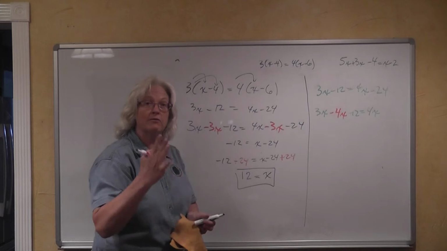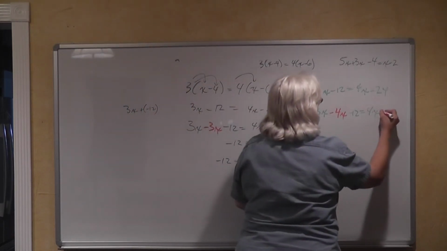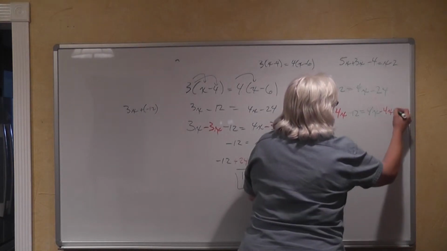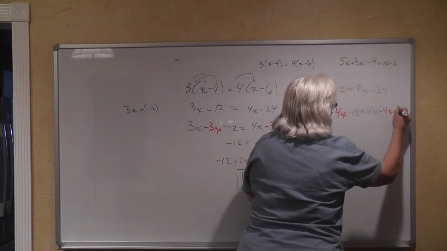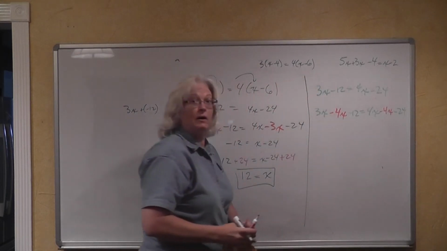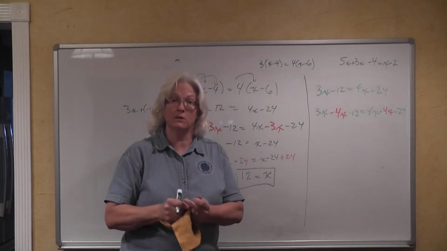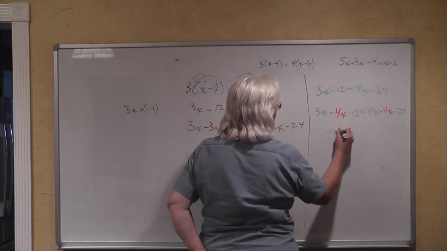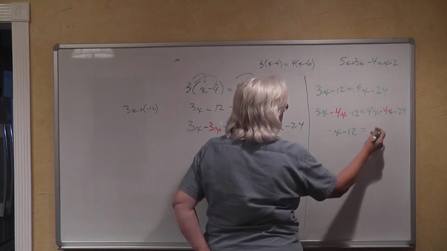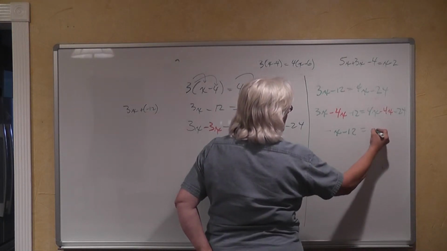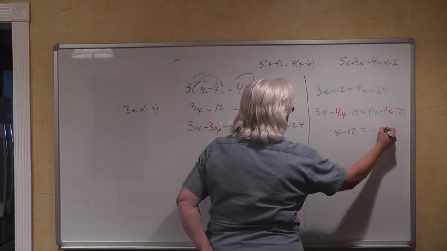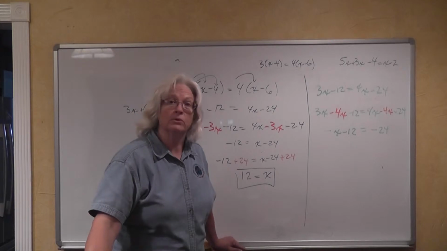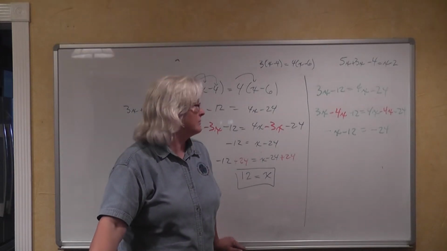I have to subtract a 4x from both sides of the equation. Now, let's collect like terms and see what I've ended up with. 3x minus 4x is a negative x, minus 12 is equal to 4x minus 4x, which is 0, minus 24. So we have negative x minus 12 is equal to a negative 24.